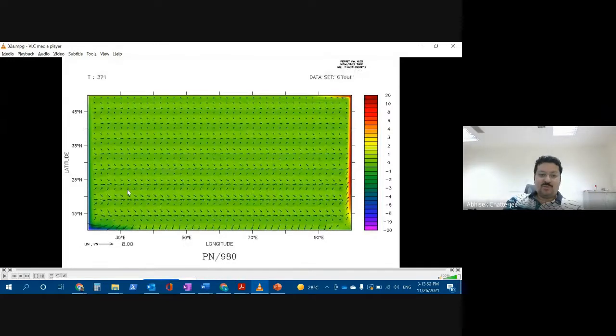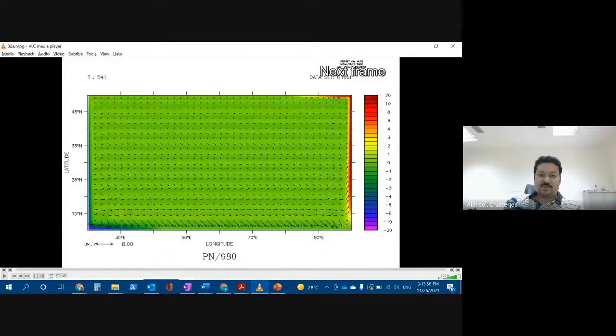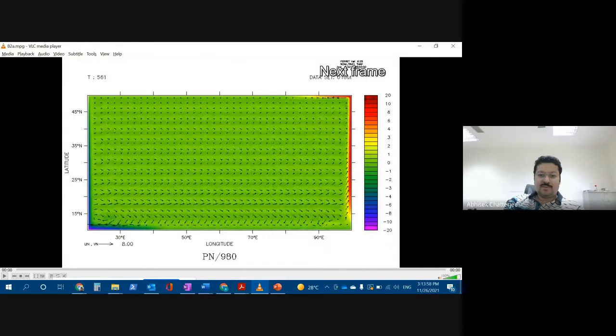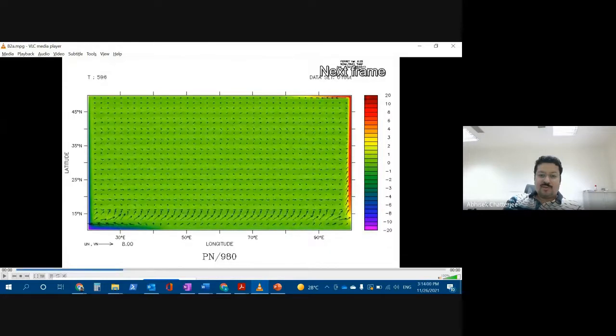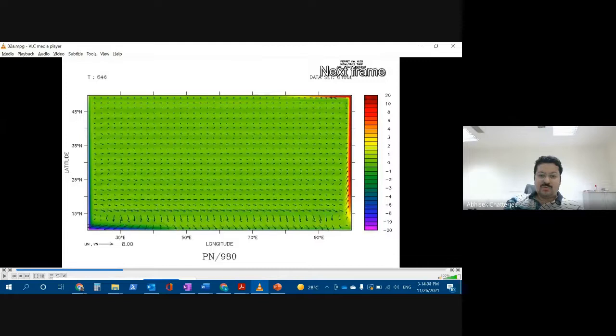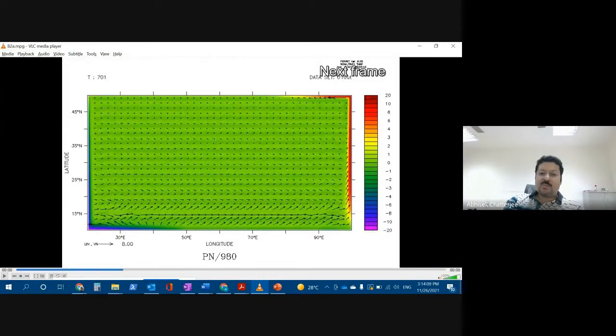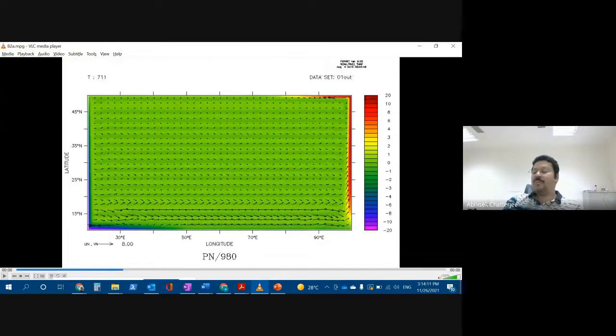One more thing to note, one more thing I want to show is the rotation speed. So our period is 2 pi by f.